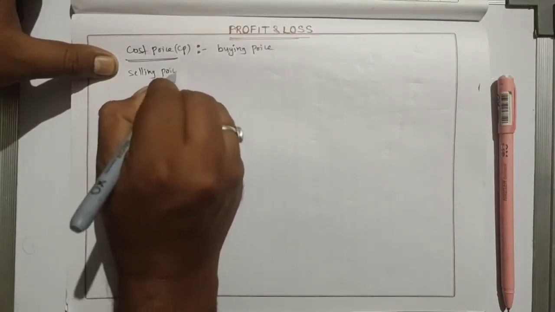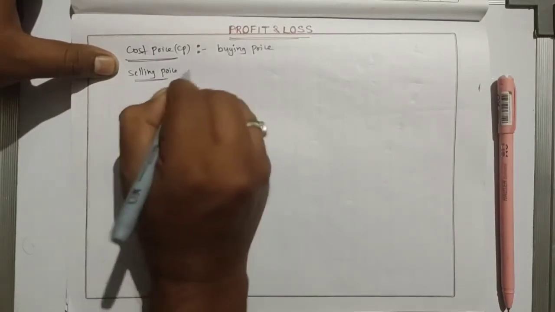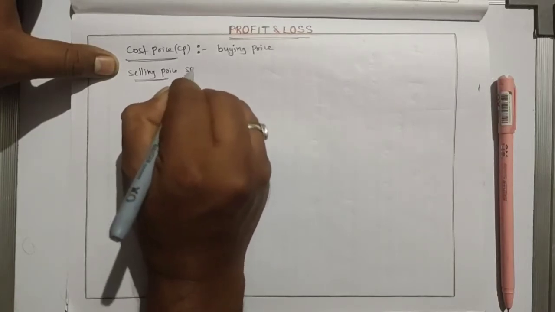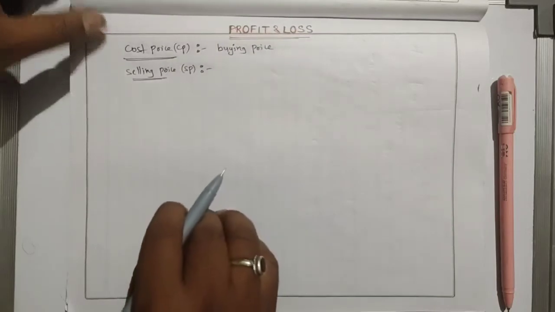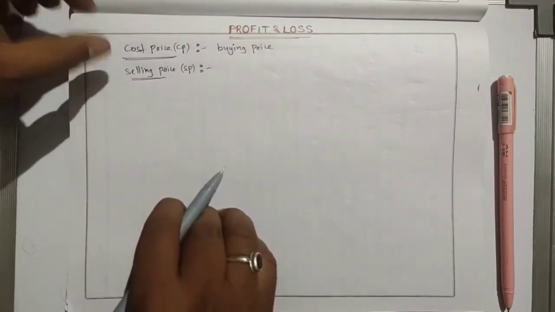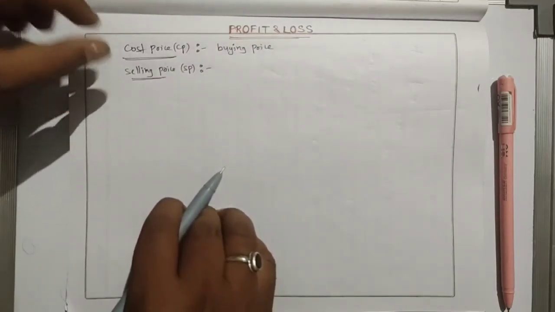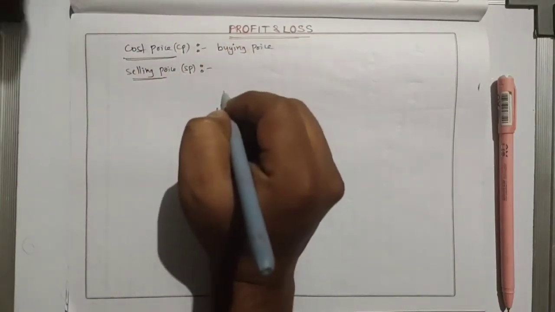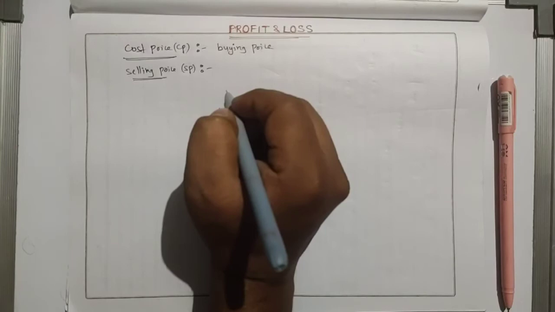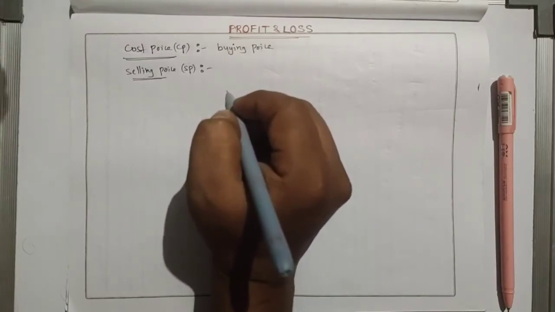Selling price means, in a business we buy the article and sell it to the customers. At what cost you sell the object, that is called the selling price. So in a business, if you buy and sell objects, we may get a profit or loss.